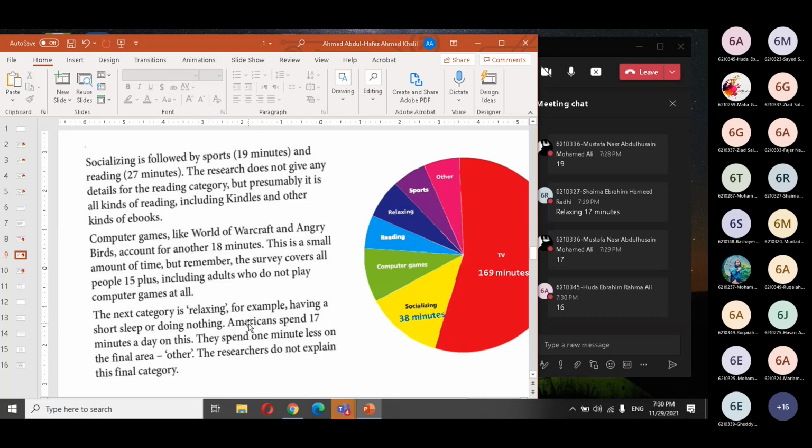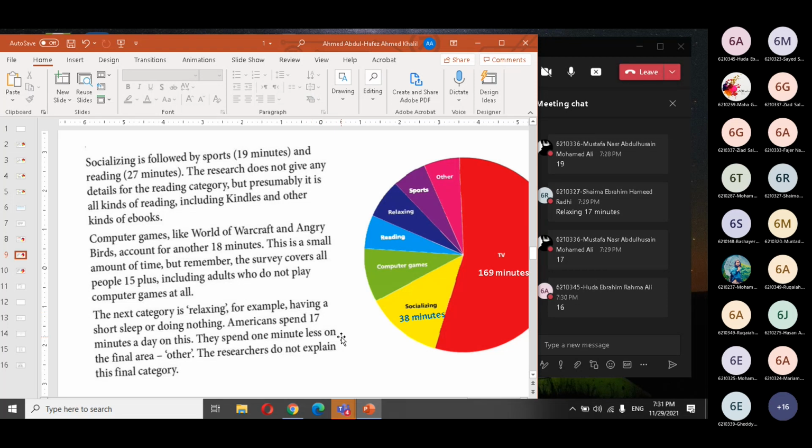The question says how much time is spent on other. We go here. Americans spend 17 minutes a day on this. This refers to relaxing. They spend 17 minutes on relaxing. They spend 1 minute less on the final area, other. So 1 minute less than 17, so it will be 16.